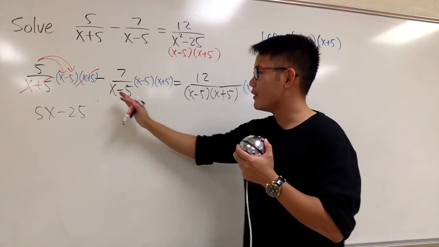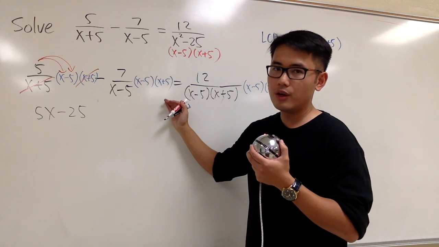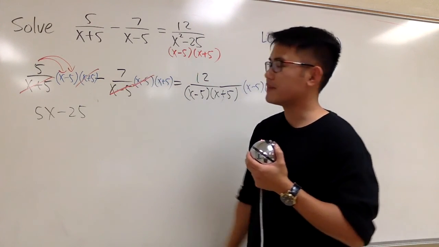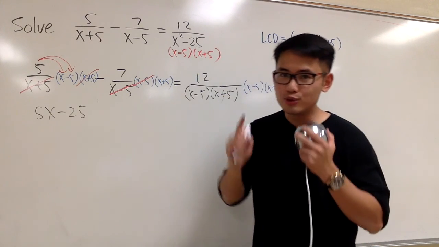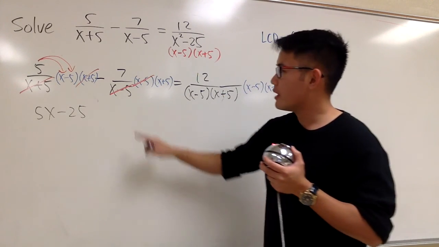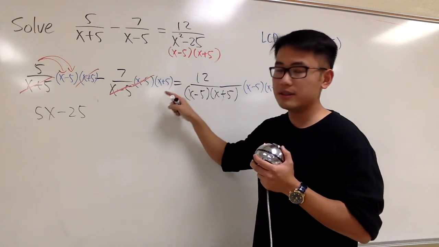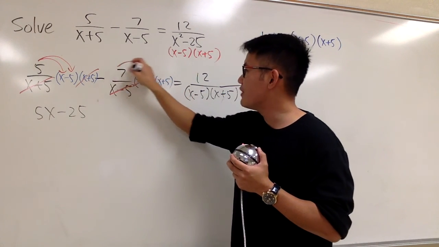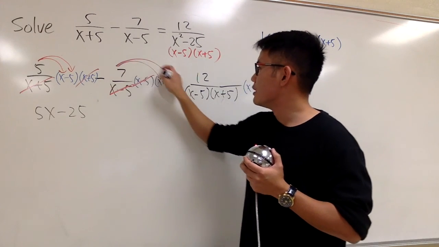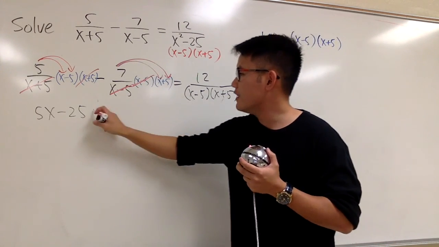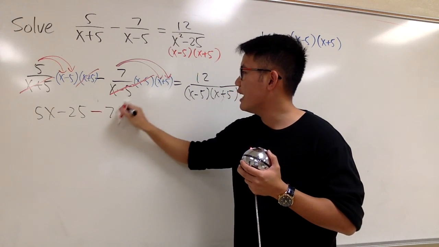And then we do the same for this one right here. We see that x minus 5 cancels out with this x minus 5, but then do this super carefully. Here we have negative 7 in front of this parentheses. We have to take the negative 7 and distribute, okay? Negative 7 times x will give us negative 7x.